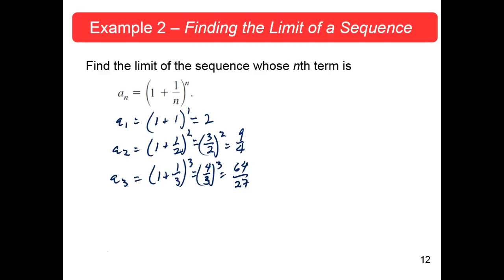What if we did this? Rather than a sub n, we call this f of x. And this f of x would be 1 plus 1 over x raised to the x power.